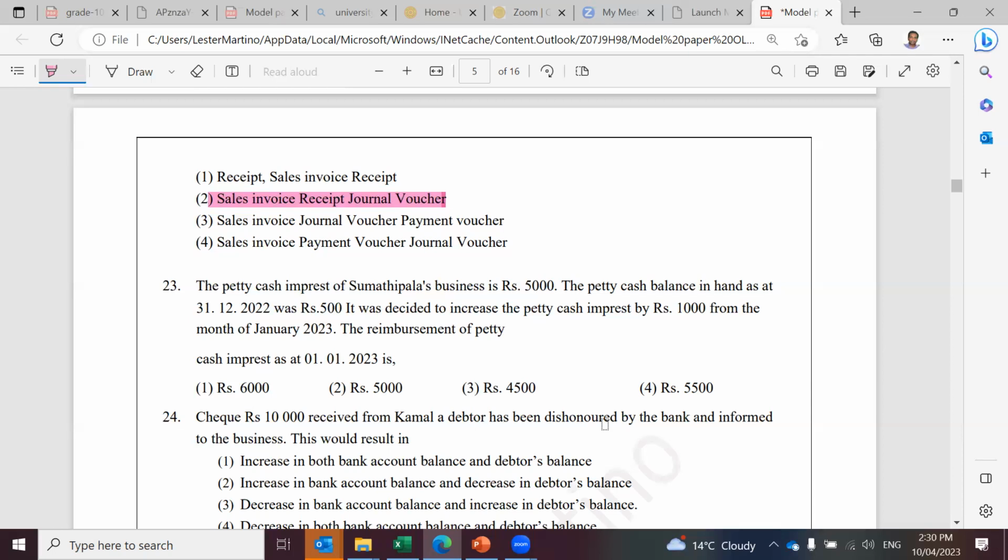That means you have spent 4,500. If no information is given about the increase, the amount you should get from the main cashier is 4,500. And the management decide to increase the petty cash imprest by 1,000. So the expense is 4,500, increase 1,000. So he should get 5,500.